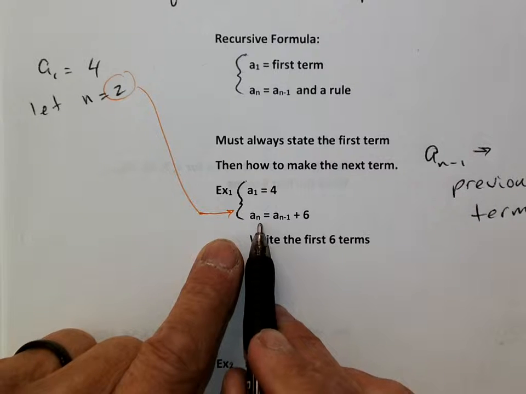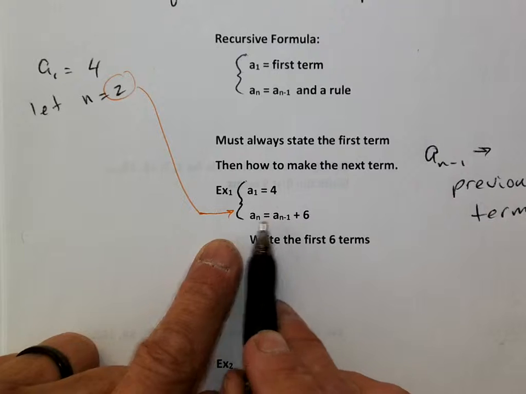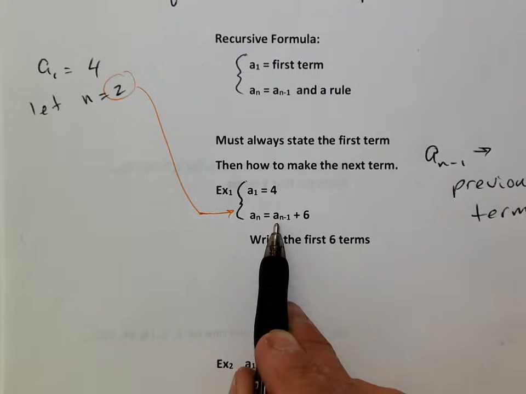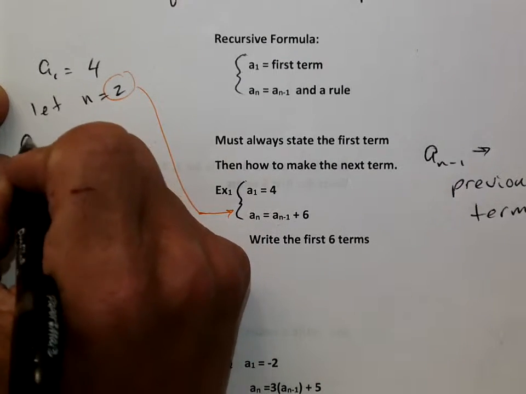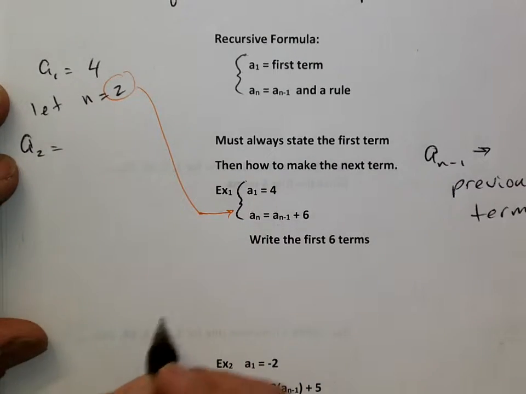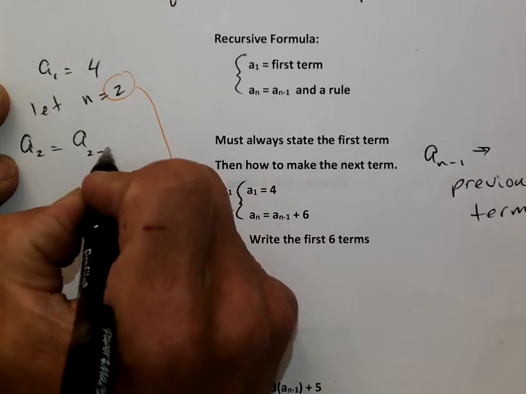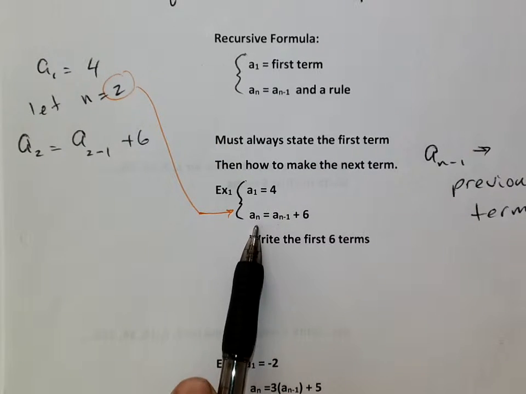I'm going to put 2 right there for n, and I'm going to put 2 right there. So A of 2 is equal to A of 2 minus 1 plus 6, okay? I just plugged 2 right in for n. We want to make the second term, let n be 2.